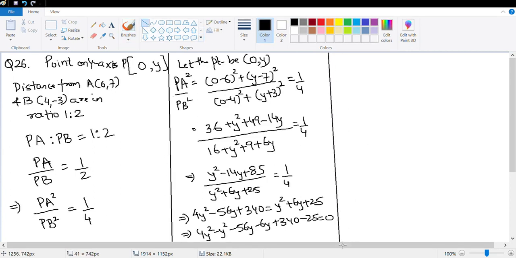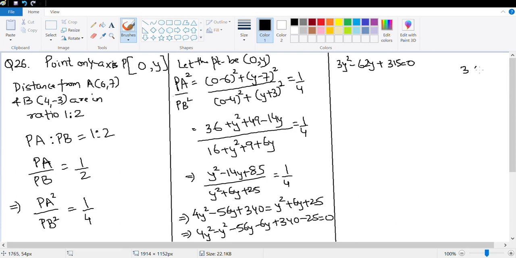Done. Let's see if I can simplify this further. 4y square minus y square gives me 3y square. Negative 56 minus 6, that's negative 62y. And 340 minus 25 is 315. Yes, 315. So now I need to find factors of 3 into 315, the sum of which should be negative 62.